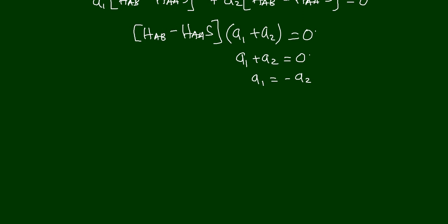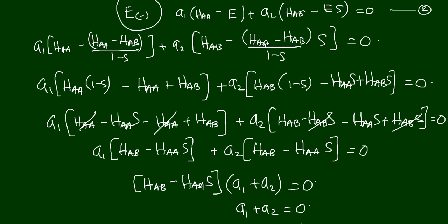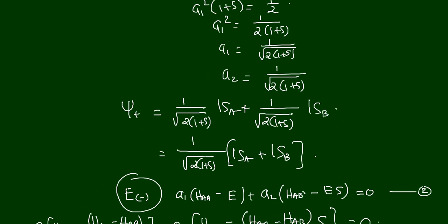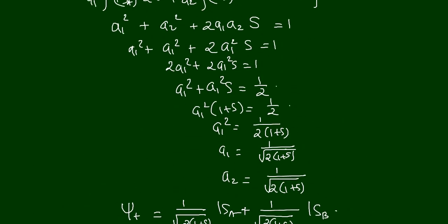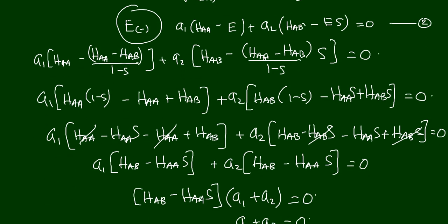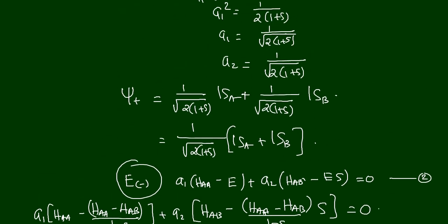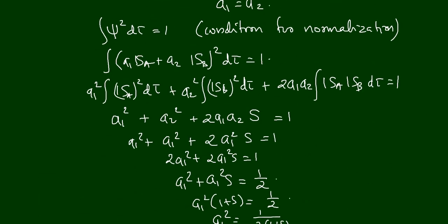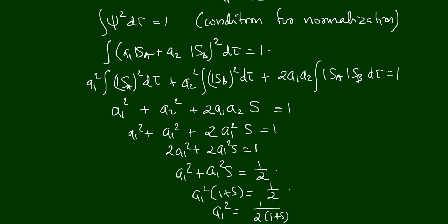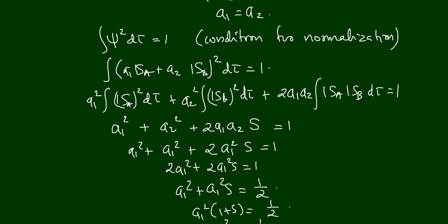Okay. So again, if you are applying the condition of normalization, and in that condition for normalization we substitute for A1 and A2 there, then what is the condition for normalization we obtained here? Psi square d tau is equal to 1.